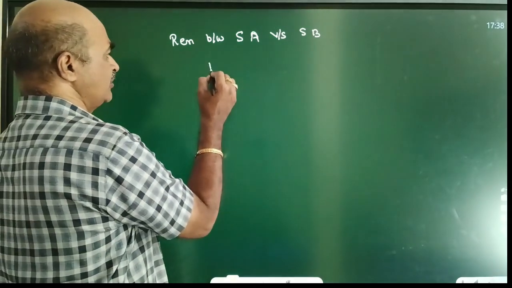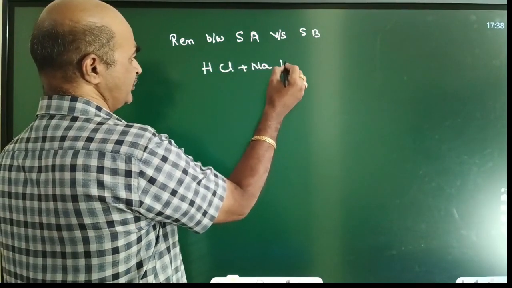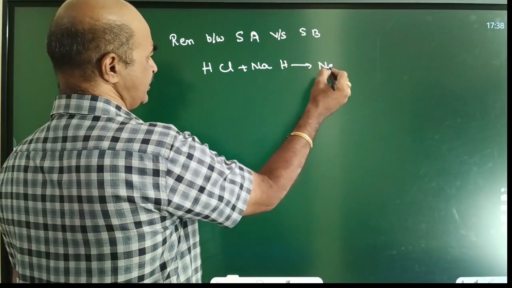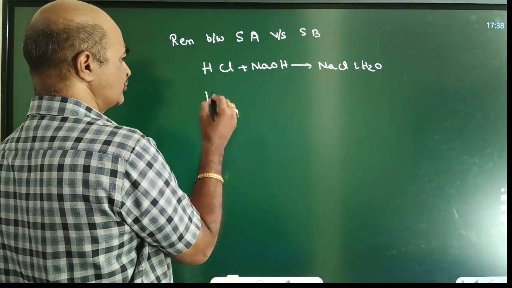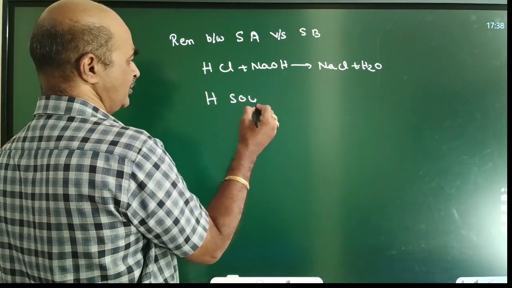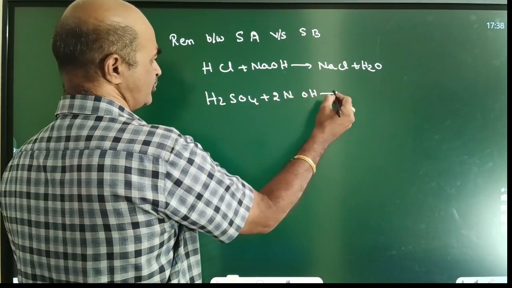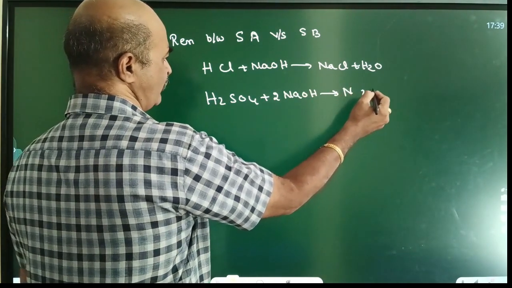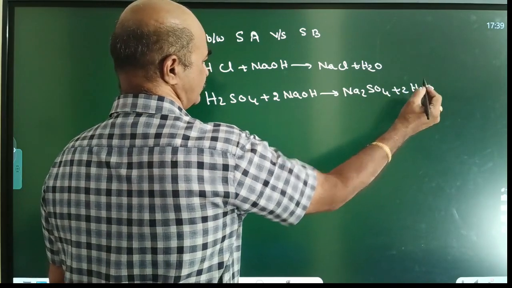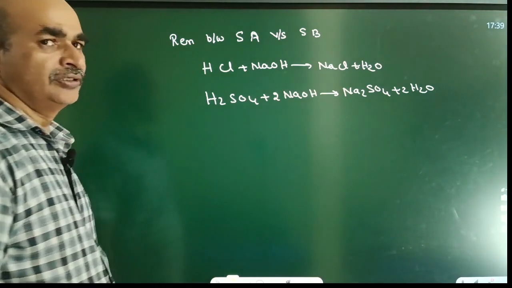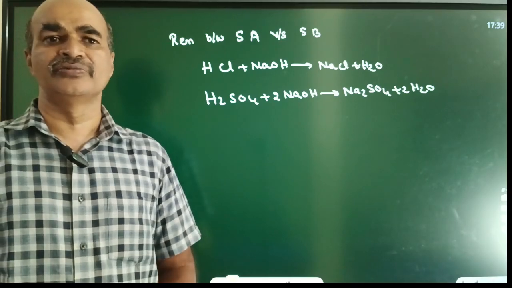Example, HCl plus NaOH gives rise to NaCl plus H2O. H2SO4 plus 2NaOH gives rise to Na2SO4 plus 2H2O. So all strong acid, strong base reactions are irreversible reactions.